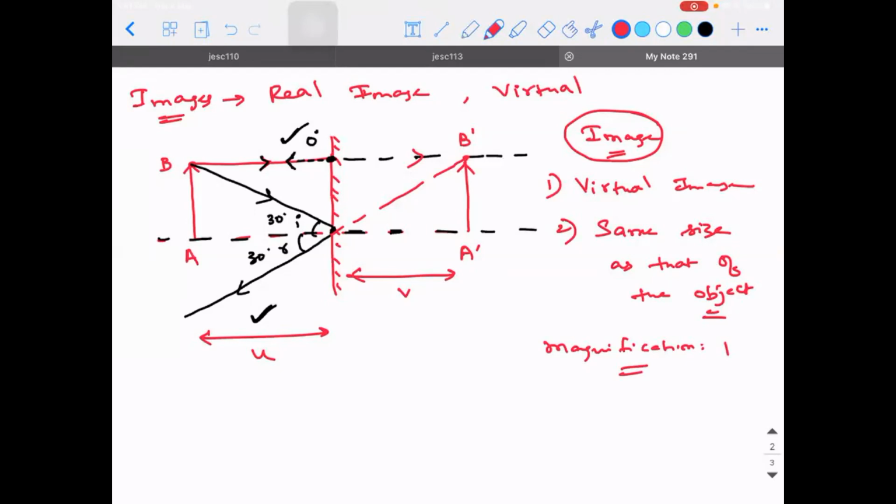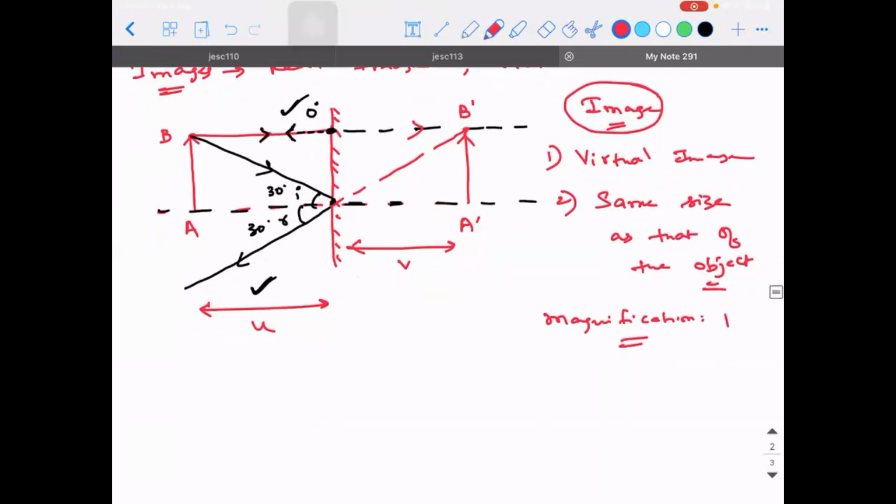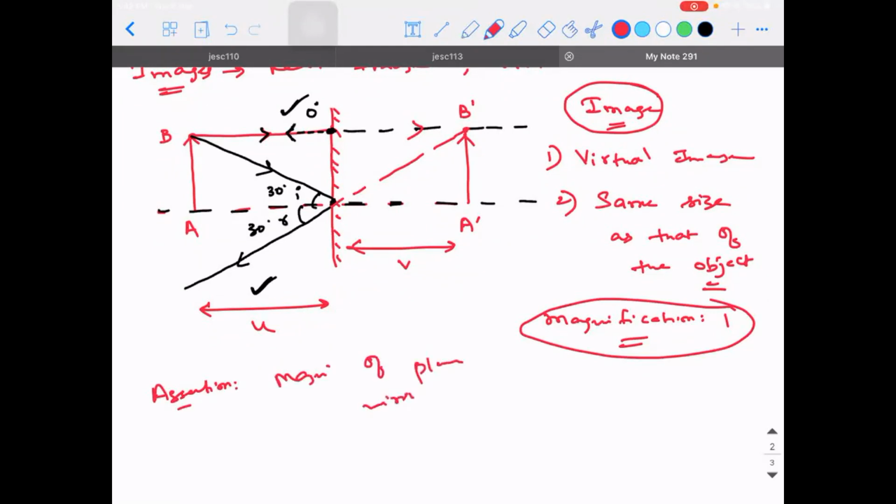So now what we can do is, let's say there is an assertion reason based question asked. Assertion: the magnification of a plane mirror is always 1.